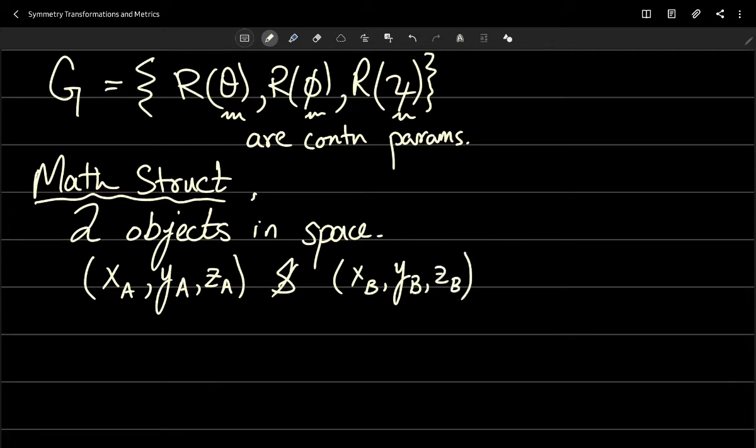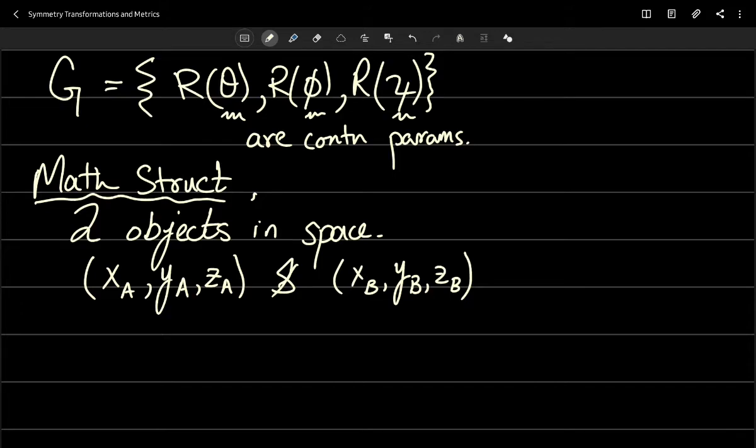Okay, so here we have a sense that if we know the distance between these two objects, then this should be actually an invariant under a change of coordinates. I mean, at least in this particularly simple case, right?